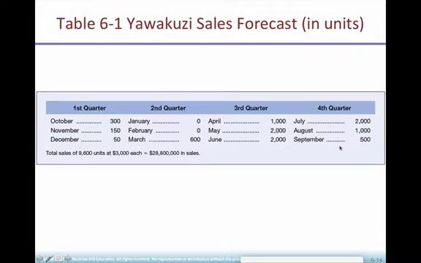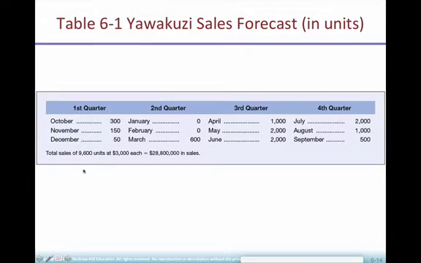Now, to do the level production, you add up all these quantities, and they have the answer for you. If you add up all these sales, you forecast sales of 9600 for the following year. To do level production, you divide this amount by 12, and you are going to produce an exact number, which is actually 800 per month.